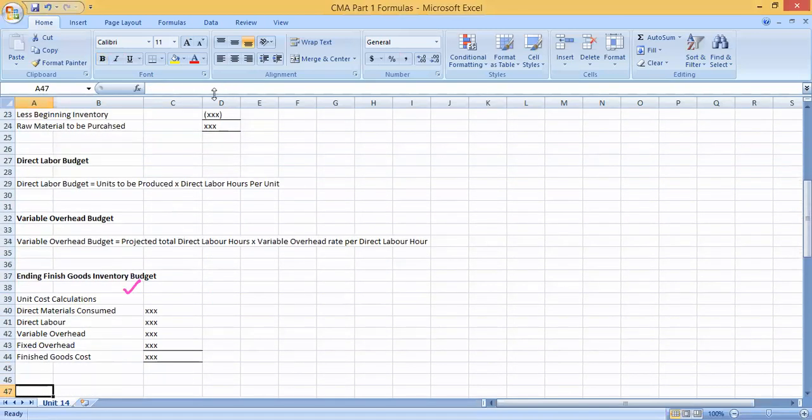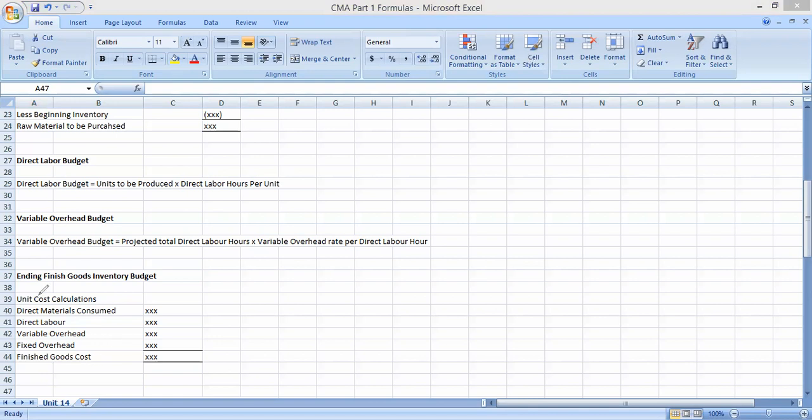To understand the variable overhead budget, you should have a very good understanding of the overhead cost allocation topic. You should have an idea how to calculate the application rates, because once we calculate the application rate, only then can we prepare the variable overhead budget.